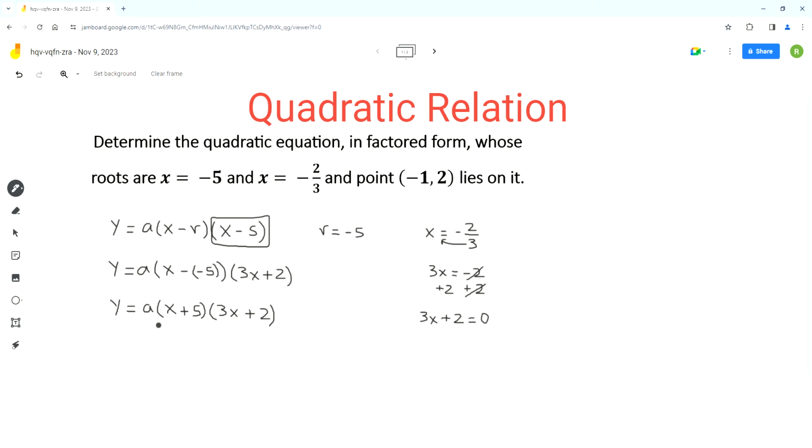Now we have to find the value of a, and for that we'll use the given point that lies on the quadratic relation. In this given point, the first number represents the x number, the second number is the y number. So in this equation we'll sub in y as 2 and x as -1. So we get 2 equals a times -1 plus 5, then close the parentheses, and then 3 times -1 plus 2.